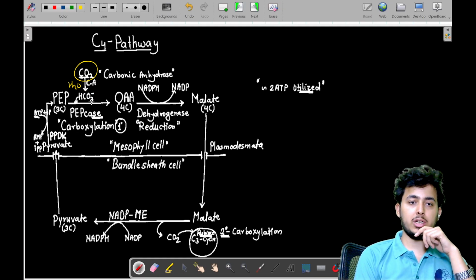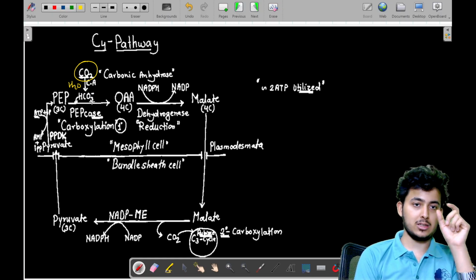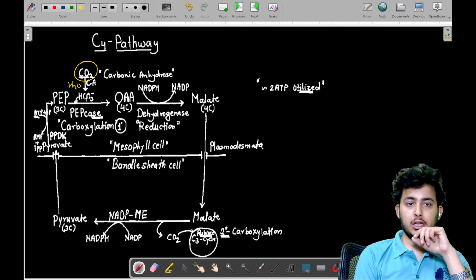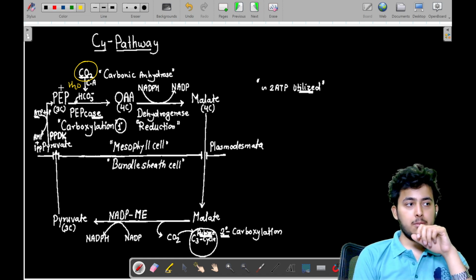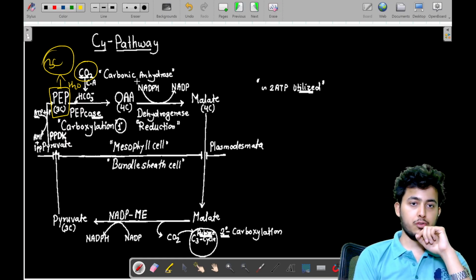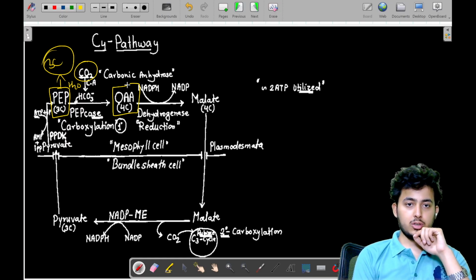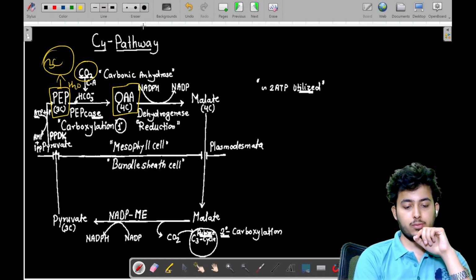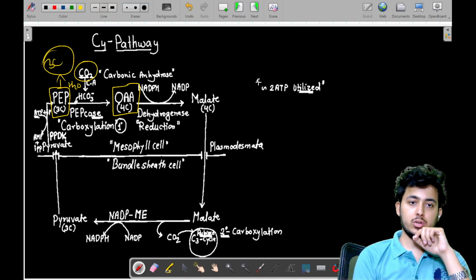Once the bicarbonate ion is formed, that is the soluble form, and the carbon dioxide is stored in the bicarbonate ion. With the help of the PEPcase enzyme, PEP, which is your phosphoenol pyruvate, a 3-carbon compound, you can add the carbon dioxide to it, and once the carbon dioxide is added, it leads to formation of oxaloacetic acid. So this is the important concept that you should be aware of. So you can ask me, sir, how is everything happening?